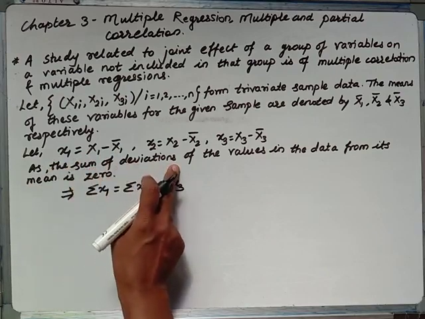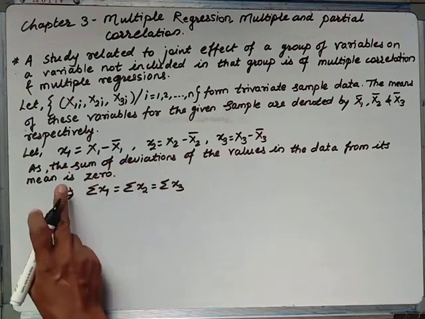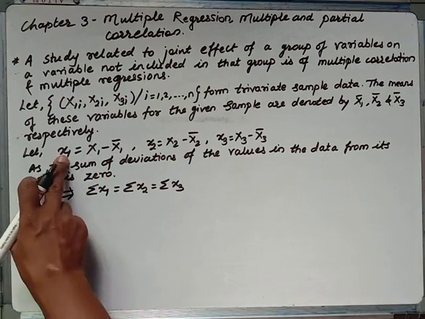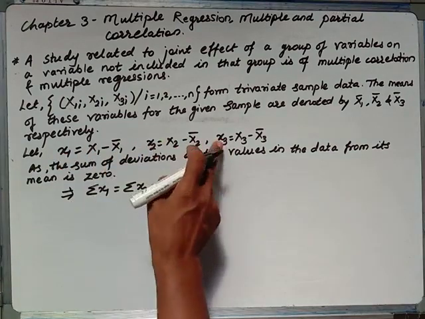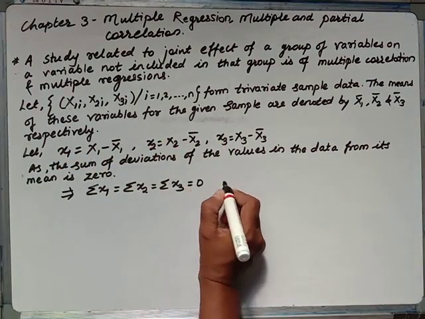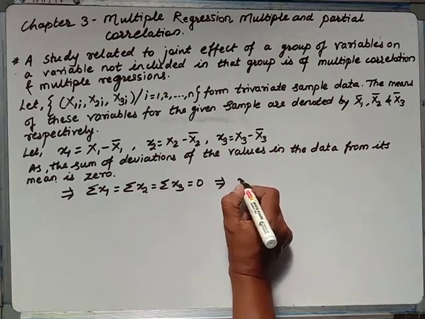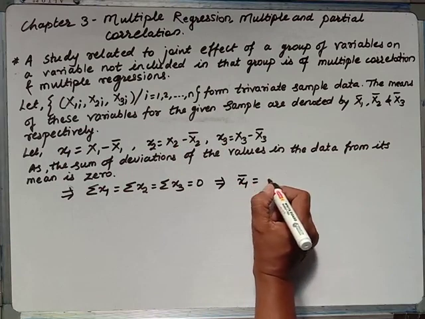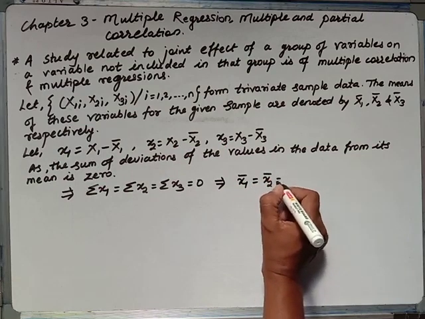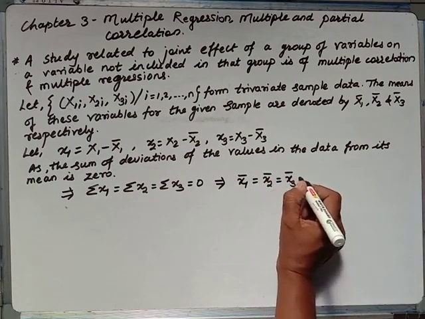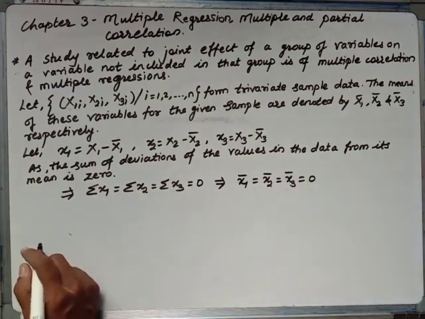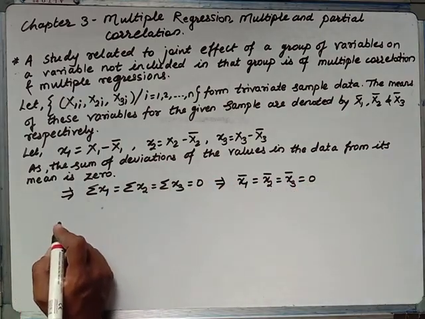So as the sum of deviations of the values from its mean is 0, these sums are 0. Then the means of these deviations are also 0. If the sums are 0, then their means are also 0.